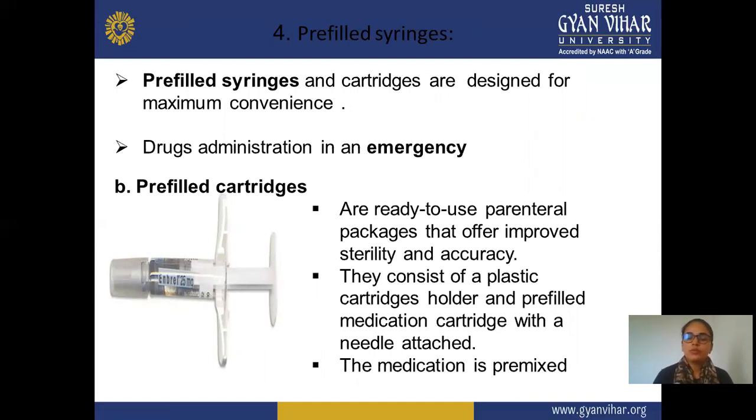It is a cartridge form, and the drug is administered in an emergency. This type of formulation is used for drug administration in emergency conditions, and more convenience is observed when we compare it with the remaining types, vials, ampoules or double chambered containers. So this is the more appropriate and convenient pre-filled syringe, and this type of syringe is mainly used for emergency conditions.